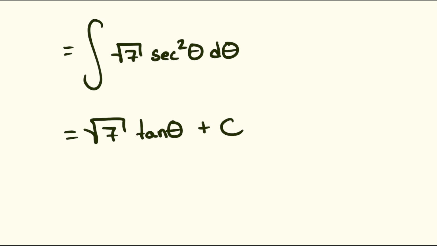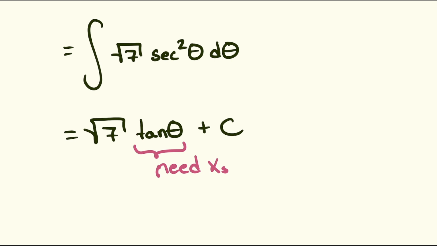Now, here's the issue: we need to get this back into x's. To do that, we're going to have to figure out what tangent of theta is equal to in terms of x's. And this is the second tricky part for any sort of trig substitution that you're working with.